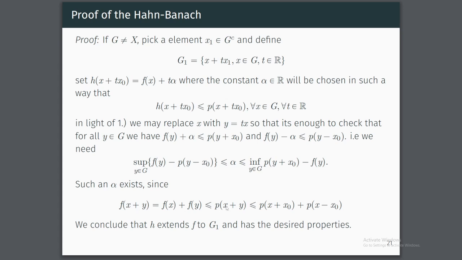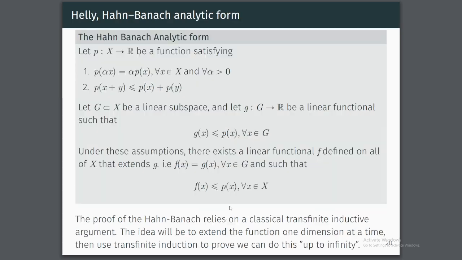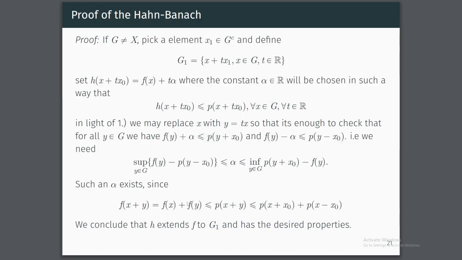Because f of x plus y is less than p of x plus y. That's by assumption on our initial function f, right? And that's less than p of x plus x0 plus p of y minus x0. Here we use the other property of p, right? And essentially all you need to do right now is just move f of y to this direction, then move p of x minus x0 to this direction. Okay?